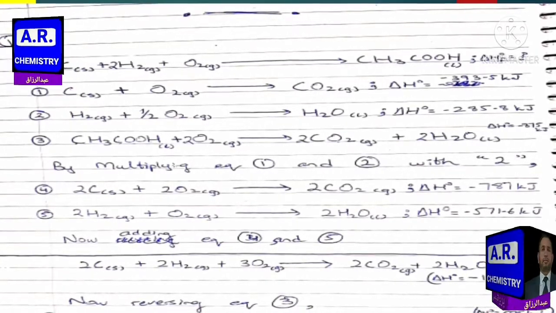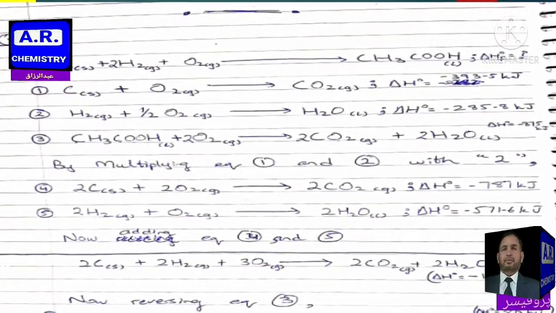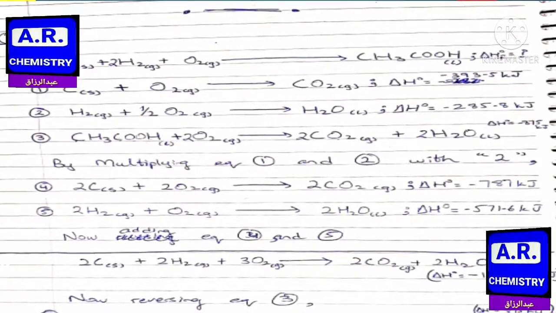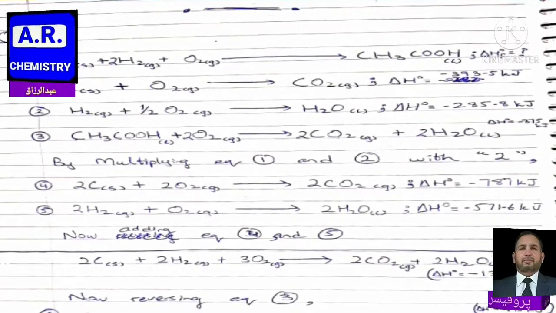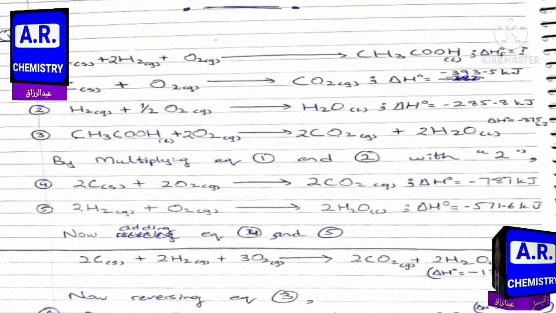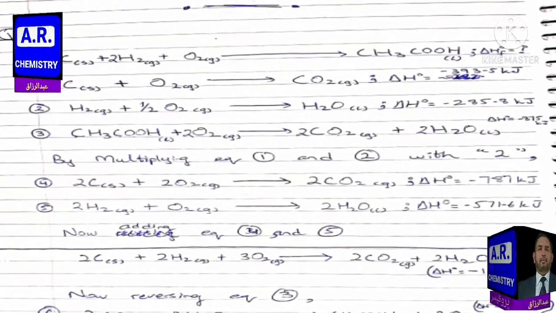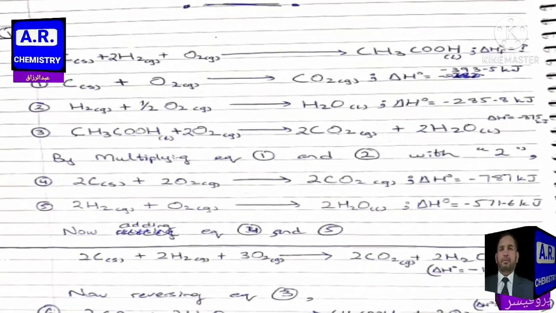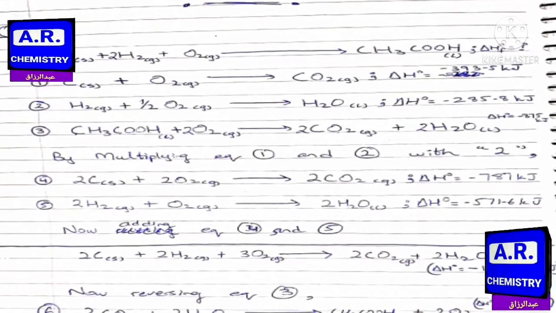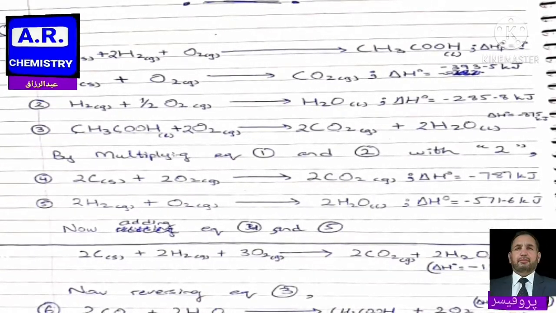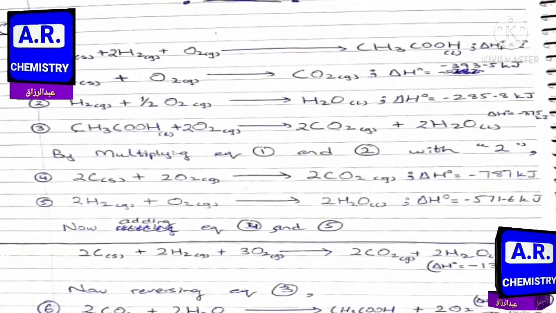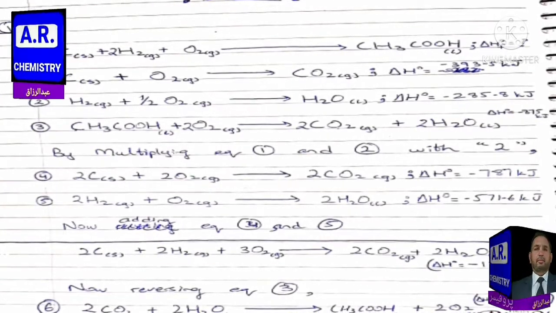So you write on the left hand side as a reactant the formula of acetic acid, CH3CO2H, or you may also write CH3COOH, that is its structural formula, and the combustion of this acid is given in the data. So of course the second reactant would be O2.